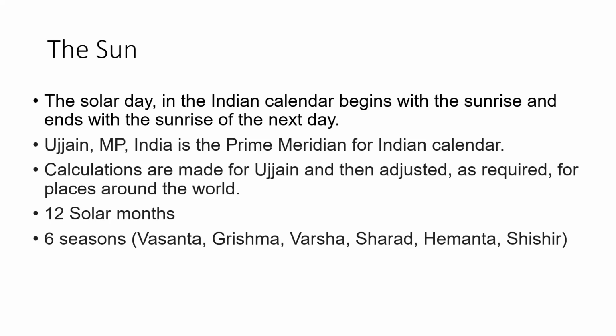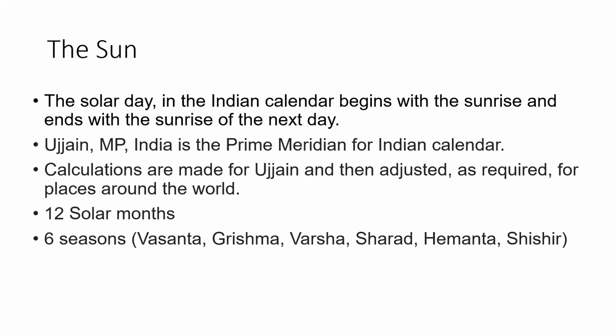The reason that location is chosen is because the prime meridian for the Indian calendar, or as such the prime meridian for the world in ancient times, ran through Ujjain.